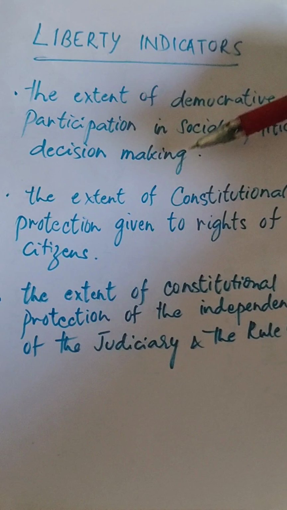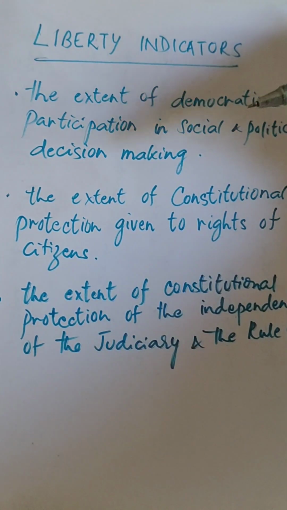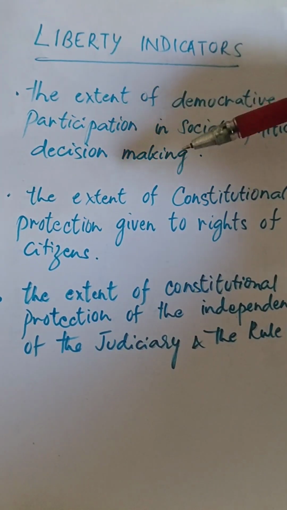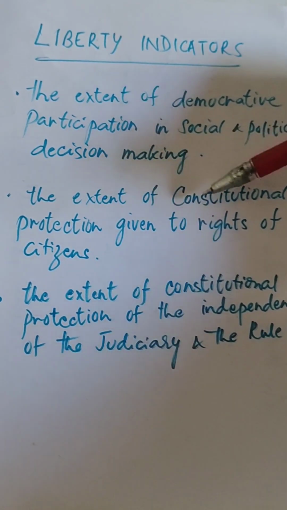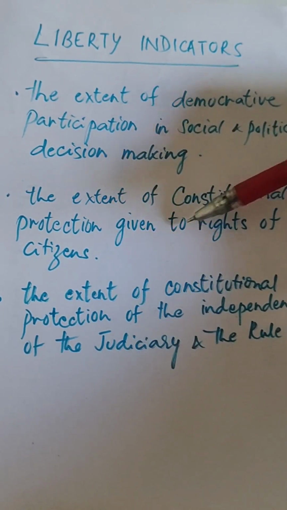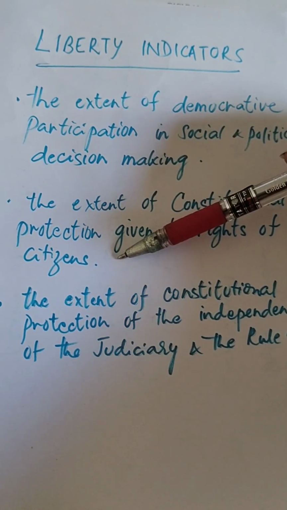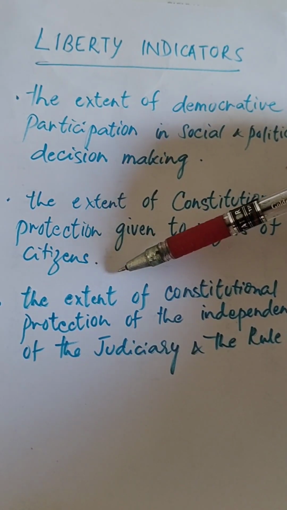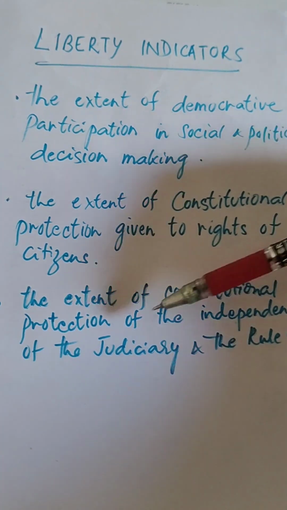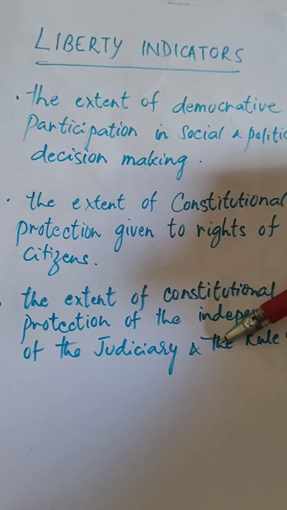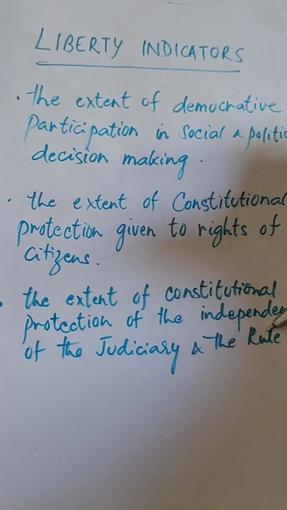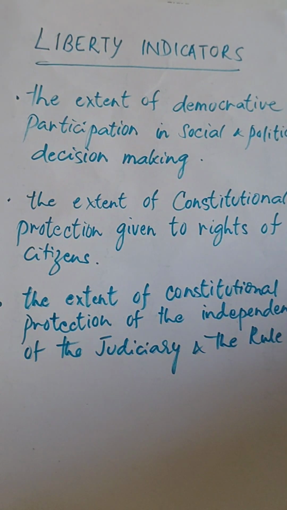But it has not been given any extra weight. Some obvious liberty indicators, like measures of the extent of constitutional protection given to the rights of citizens, or the extent of constitutional protection of the independence of the judiciary and the rule of law, have not even been introduced so far.